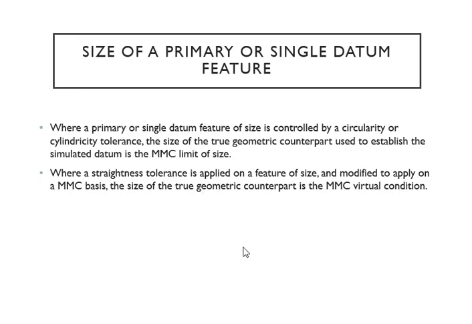Alright, then we will get into the size of a primary or single datum feature. Please bear with me because, like I told you in the beginning of our semester, the 201 has so much material. We give you the pocket book, a little book; you need it if you want to keep in this line as your career, so make sure you get that book.